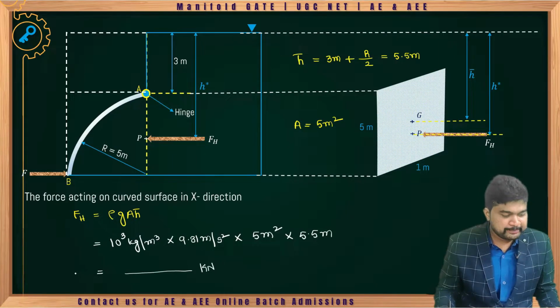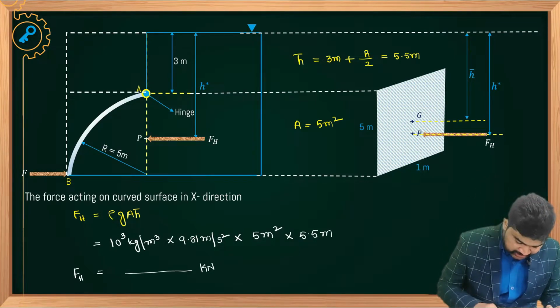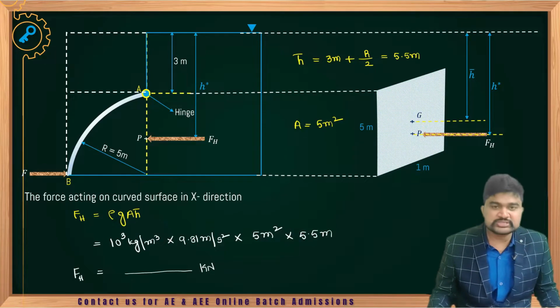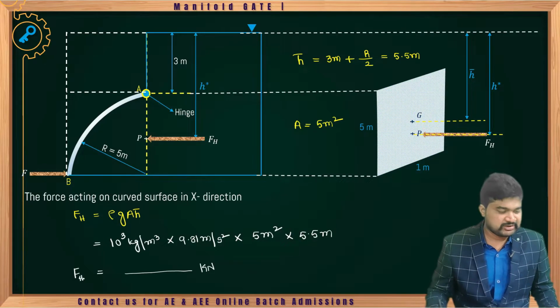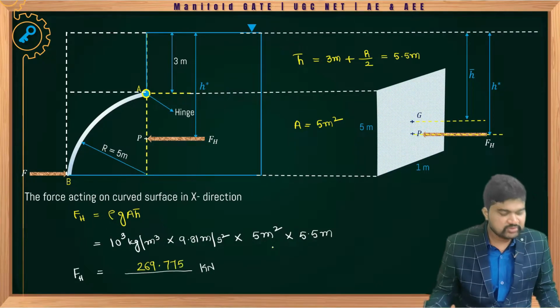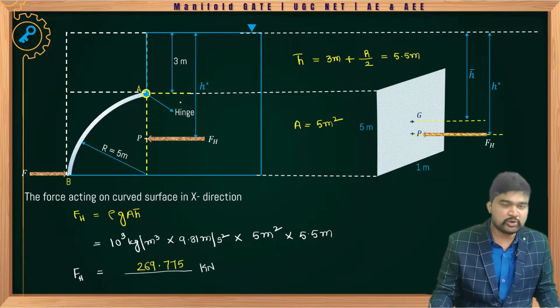Calculate and tell me. FH equivalent to dash kilonewton: 9.81 into 5 into 5.5, so 269.775 kilonewton.